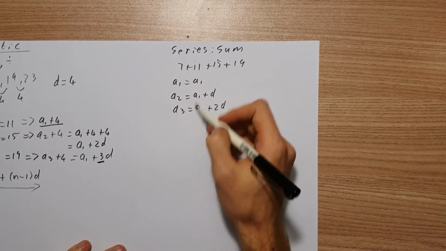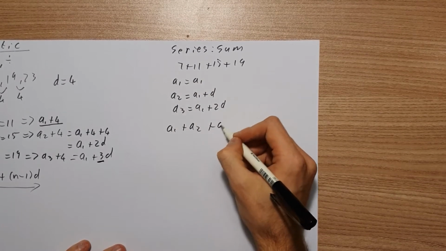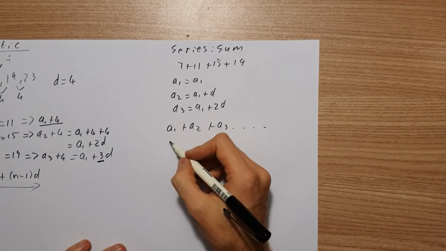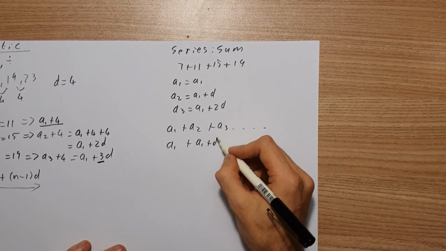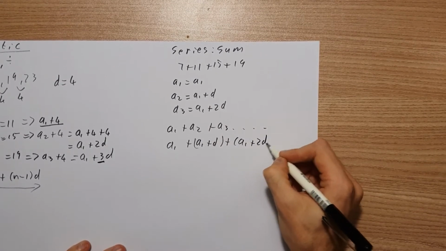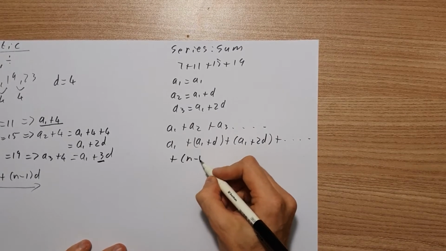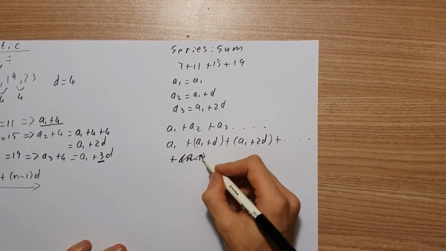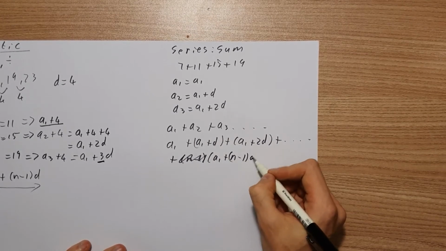So let's add up all these terms. It's going to be a1 plus a2 plus a3 and so on, which means I have a1 plus (a1 plus d) plus (a1 plus 2d), and then we add all this up all the way to a1 plus (n minus 1)d.